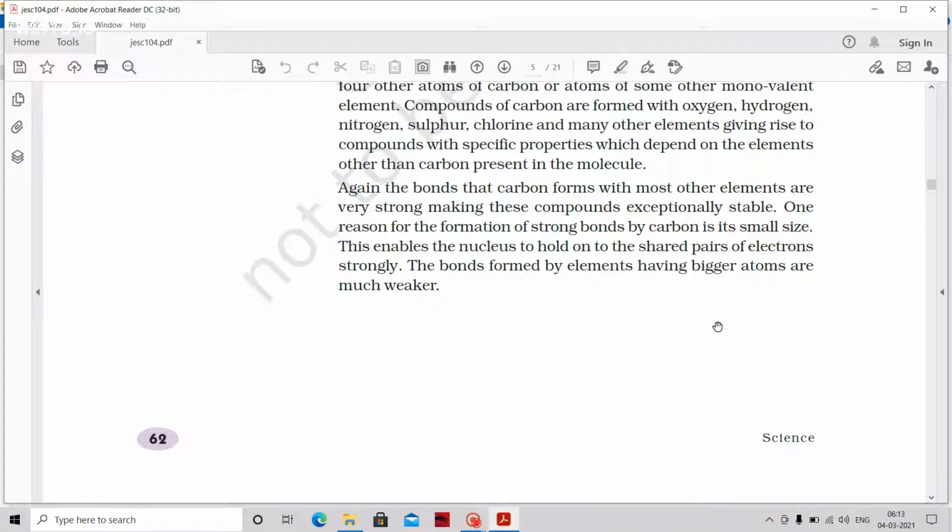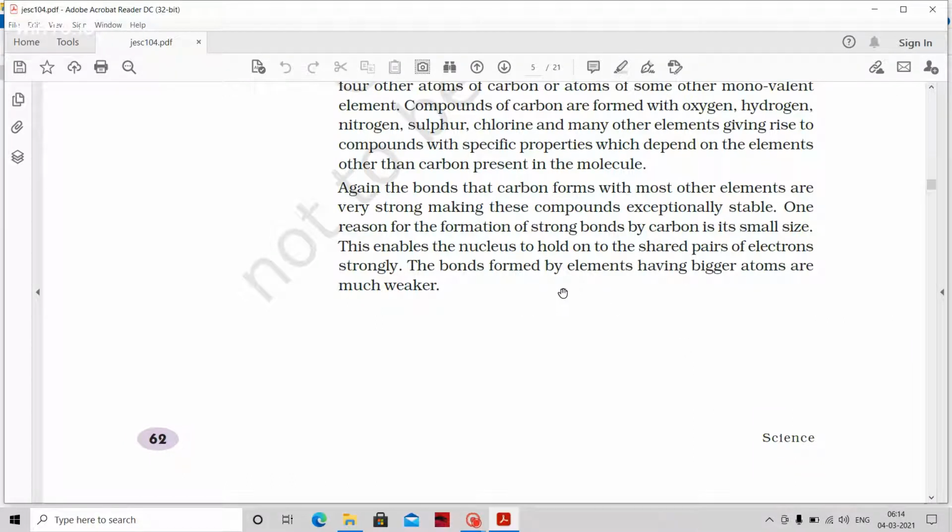That means the bonded pair of electrons are nearer to the carbon nucleus. The nucleus has a positive charge, which holds the electrons strongly. So the smaller atom enables the nucleus to hold the shared pair of electrons strongly. If the shared pair of electrons is held strongly by the nucleus, the bonds are very strong.